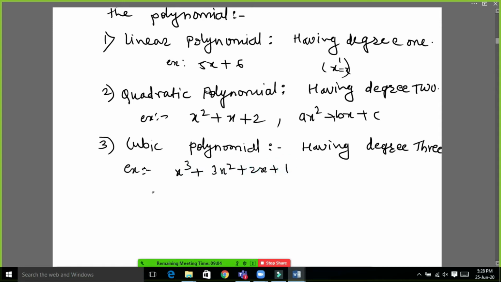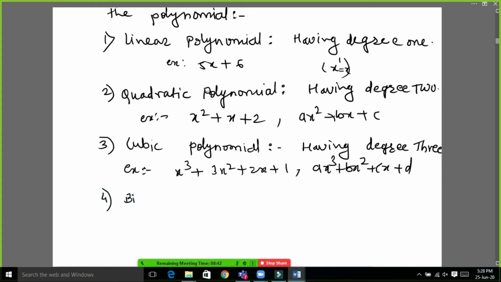This is a cubic polynomial because the highest power of the variable is 3. The standard form is ax cube plus bx square plus cx plus d. So this is the standard form of the cubic polynomial. Here a, b, c, d are again real numbers and constant terms.